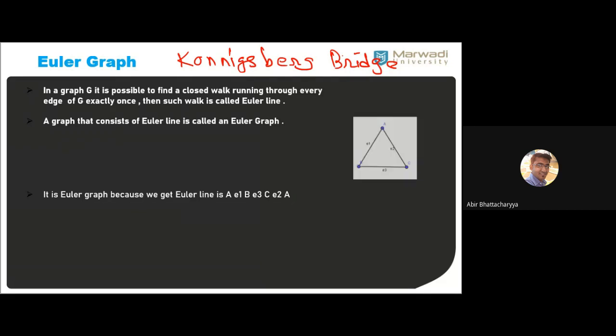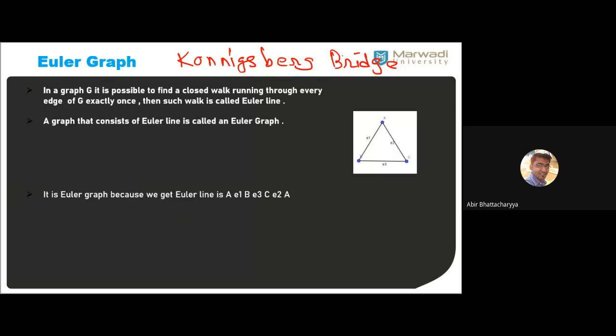In a graph G, if it is possible to find a closed walk running through every edge of G exactly once, then such a walk is called an Euler line.